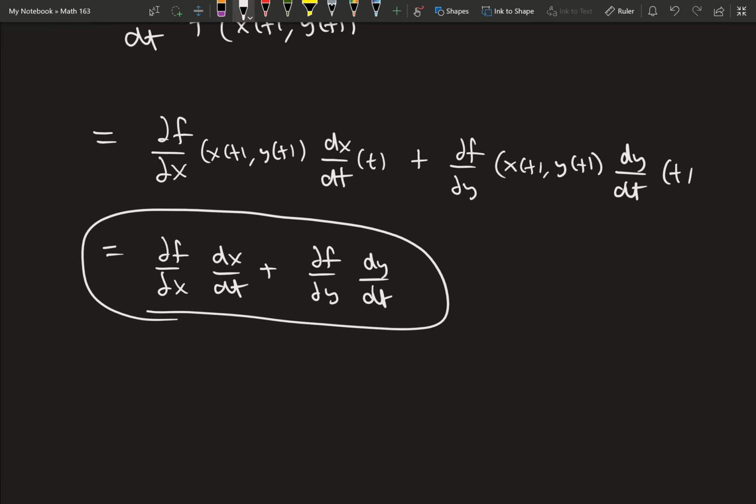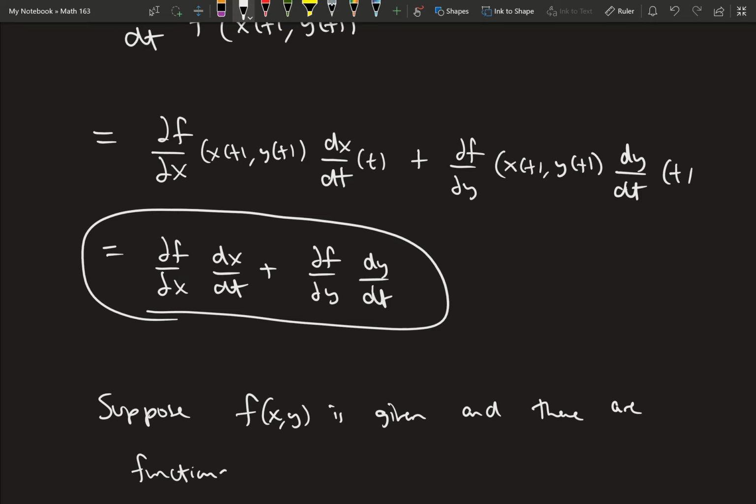So let me just state it one more time. Suppose f of x, y is given, and there are functions x of t, y of t.